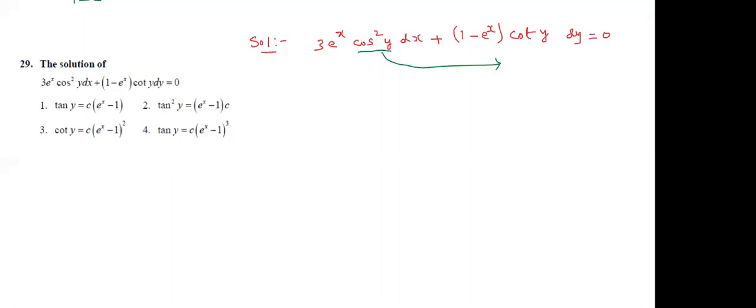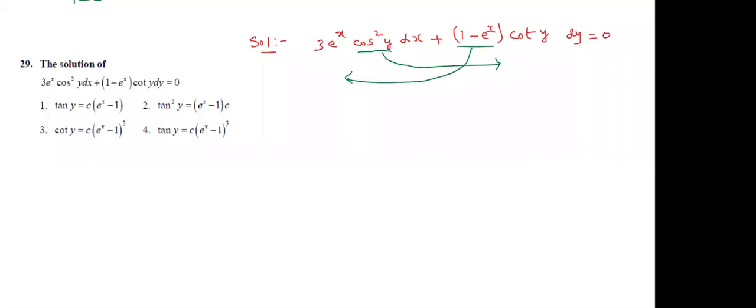The solution of 3 into e power x cos square y dx plus 1 minus e power x into cot y dy is equal to 0. Here cos square y, send that side, and 1 minus e power x, send this side.